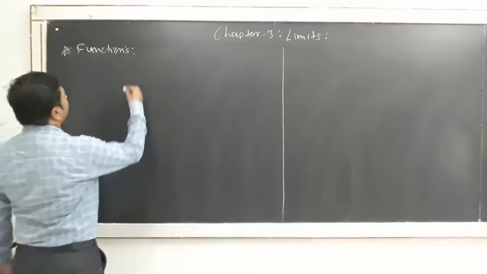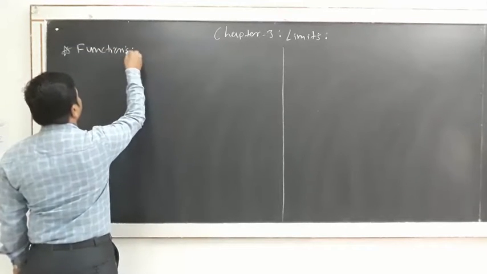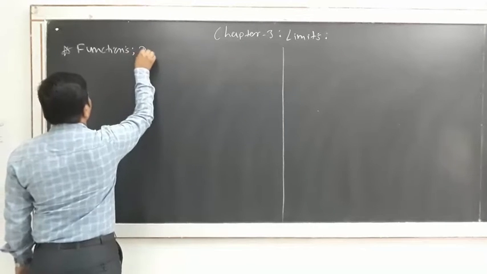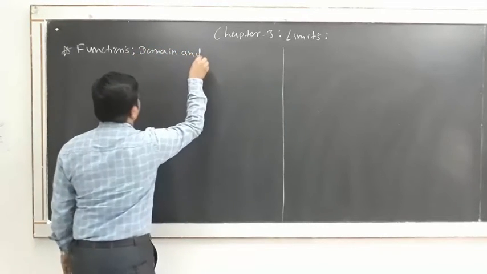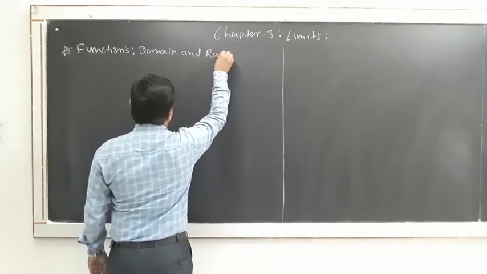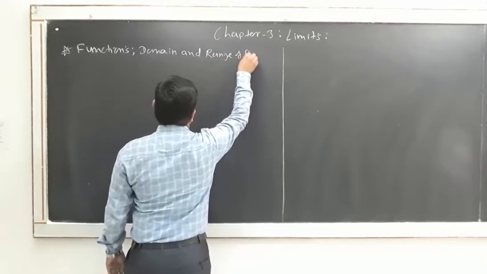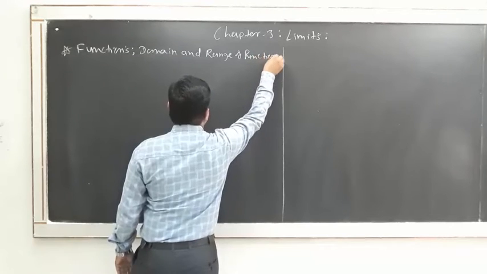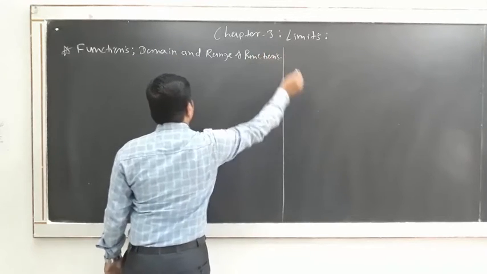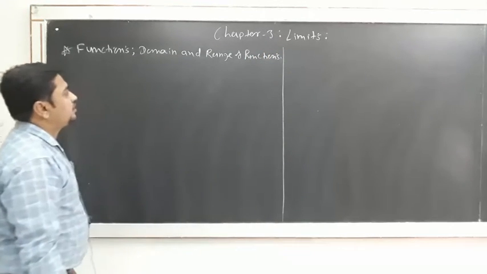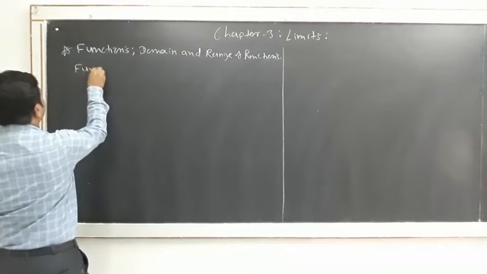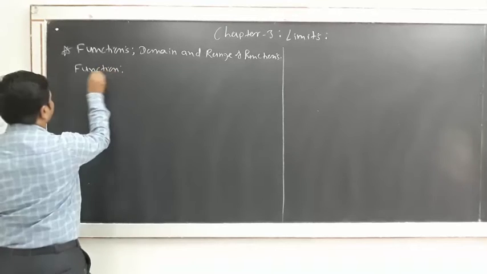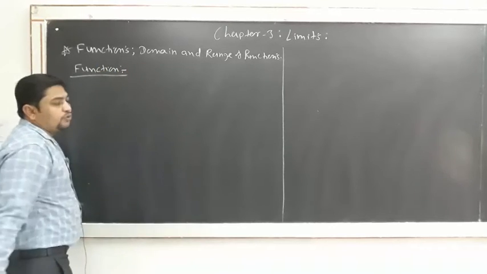In functions we again have to define the domain and range of functions. So we have to discuss range and domain again. So first we define function. So what is function?